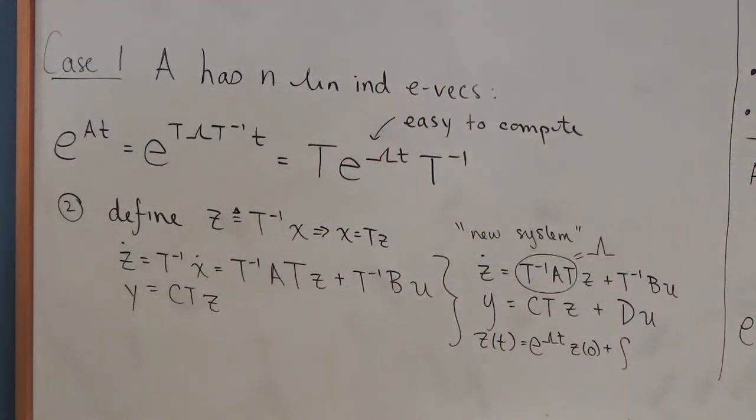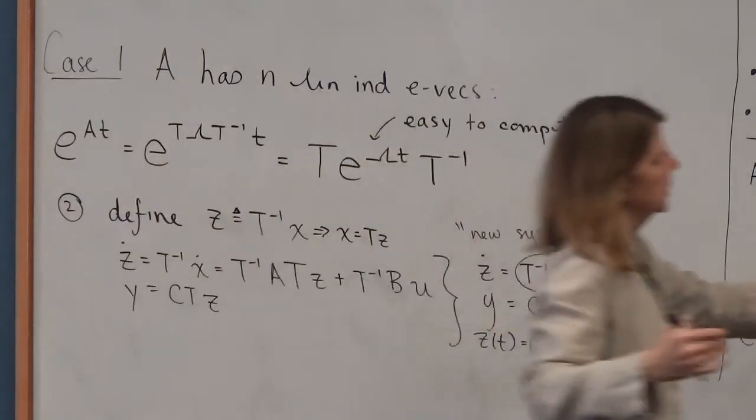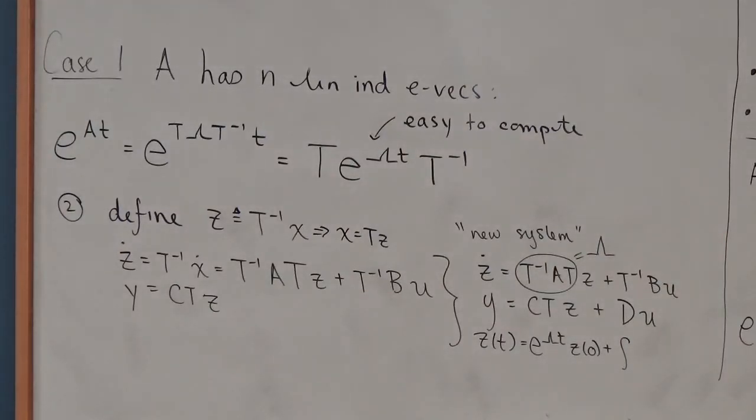Okay, so the ability to diagonalize, or to perform a similarity transform on the matrix A, you can view as simplifying your system analysis, but we're viewing the same thing from two different viewpoints. First, we worked in the X state, wrote e to the At, and used our diagonalization to show that it's T times e to the lambda t times T inverse.